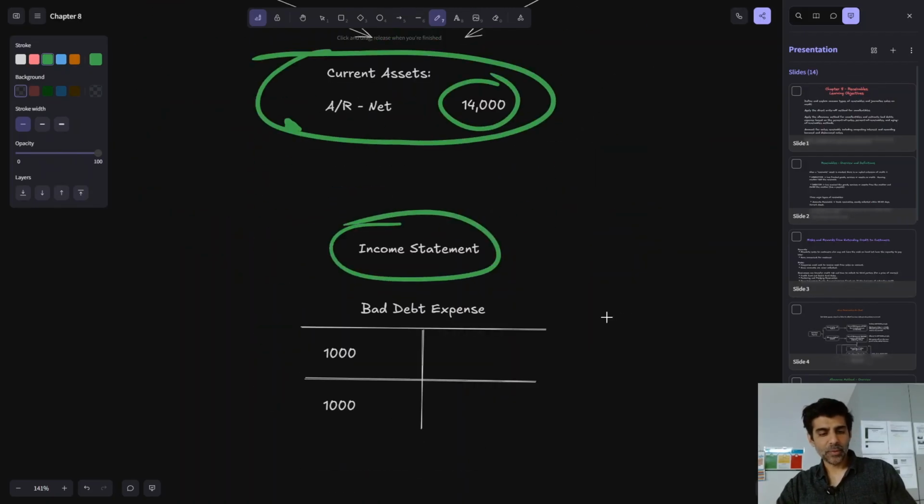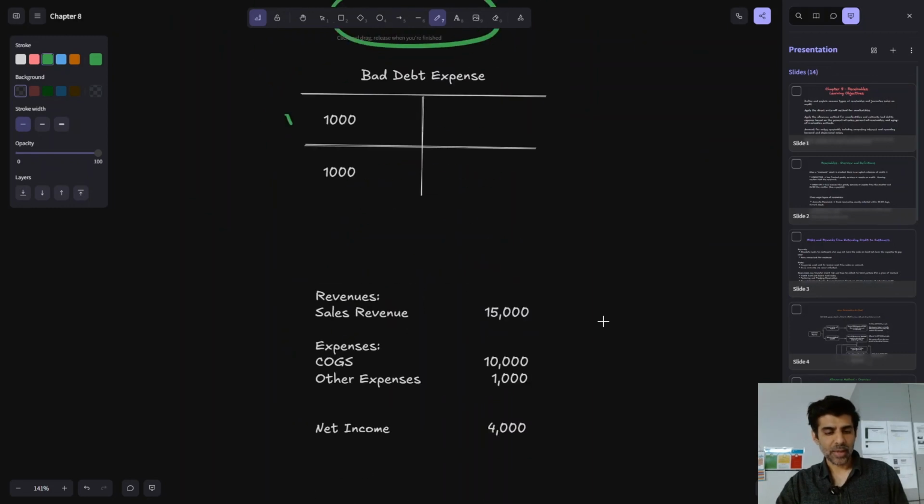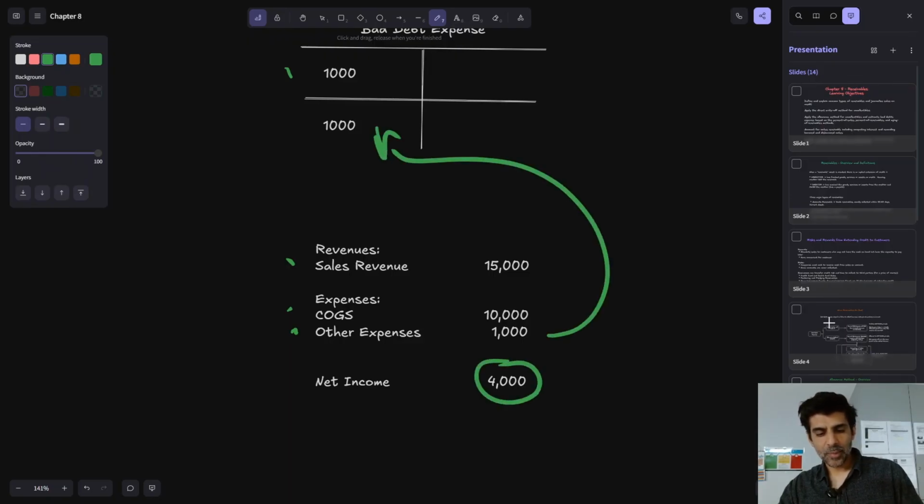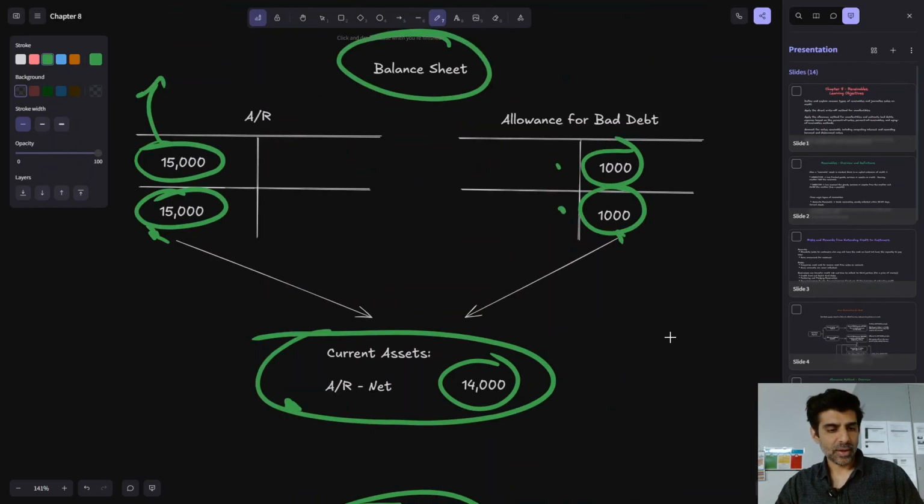And on the income statement, we're going to have this $1,000 debit. The income statement is going to look something like this: sales revenue, 15,000, cost of goods sold, and this other expense, this is where this is coming from. This net income is assuming, because this 15,000 was from credit sales, that's where this came from.